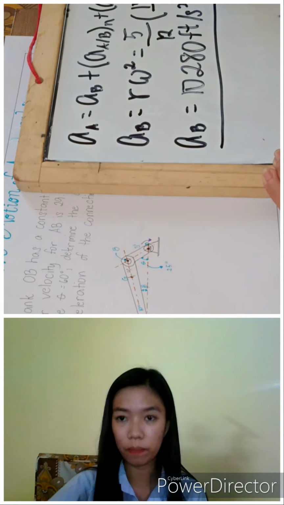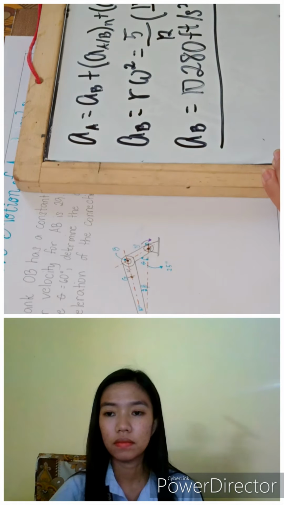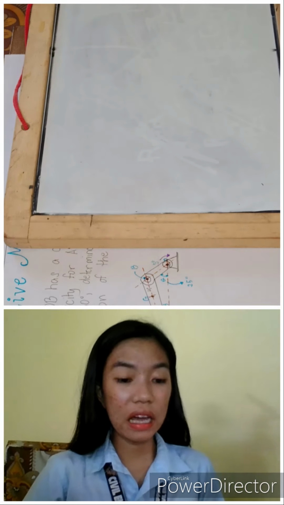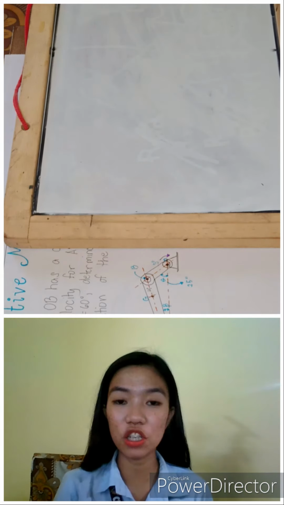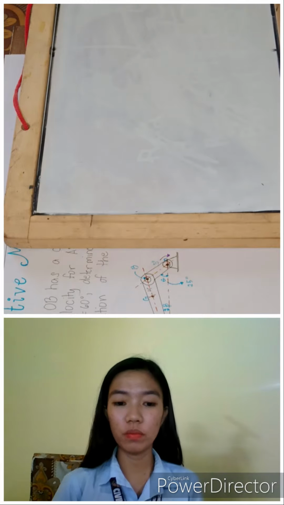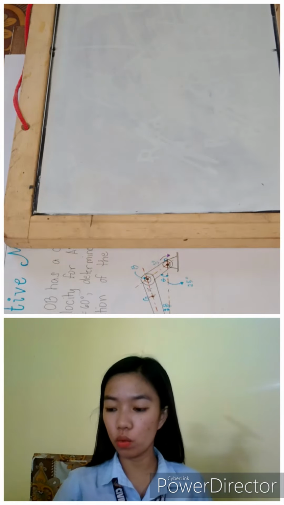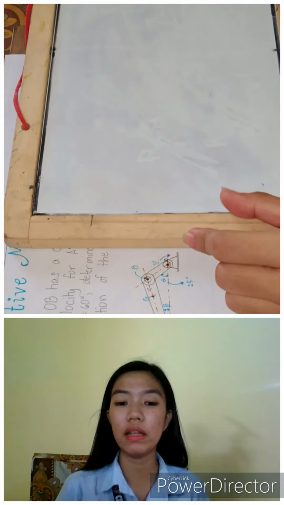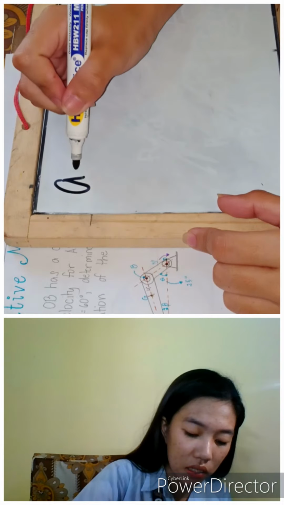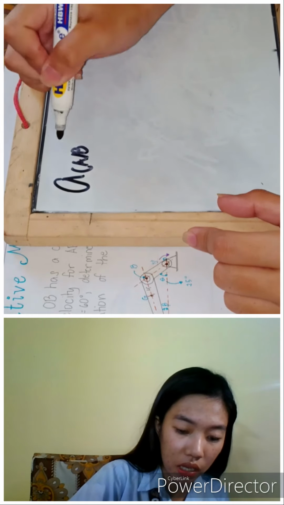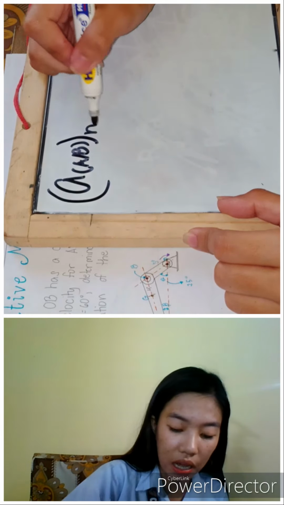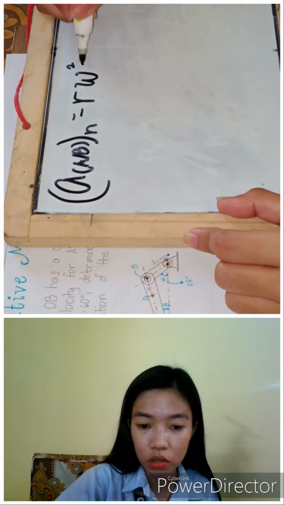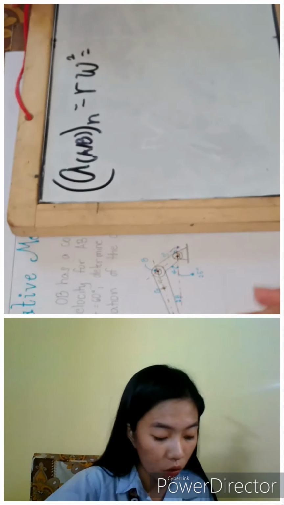So, here it is. Take note, guys, that we have no angular acceleration. So, we only have normal components and no tangential. So, solving for the normal component of relative acceleration of A and B, we have acceleration of A and B, normal also, is equal to R omega squared, equal to, we have 14 inches.